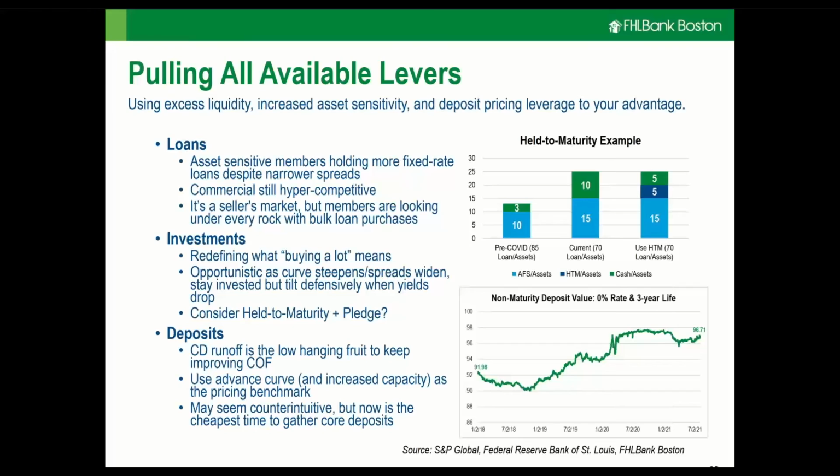And when you have excess liquidity, that allows great pricing discipline to be well inside the advance curve, where the advance curve serves as a proxy for where you could click a button and get incremental funding.